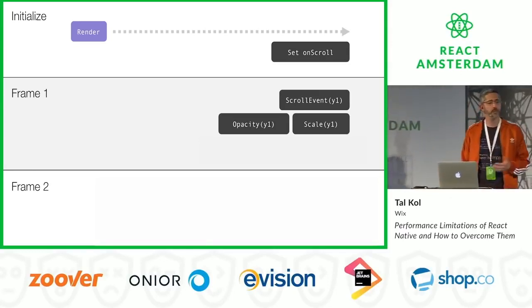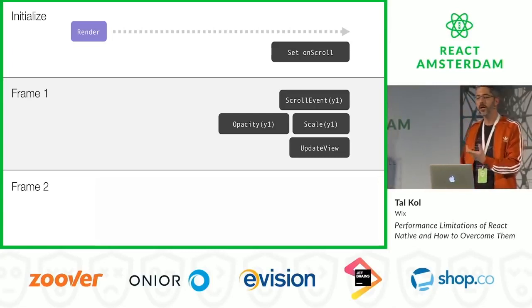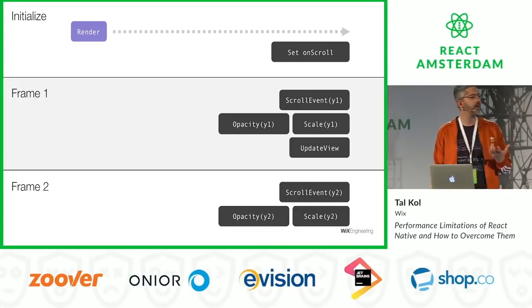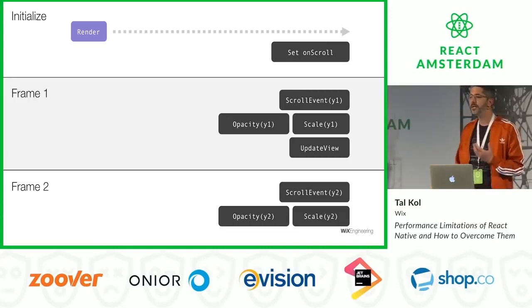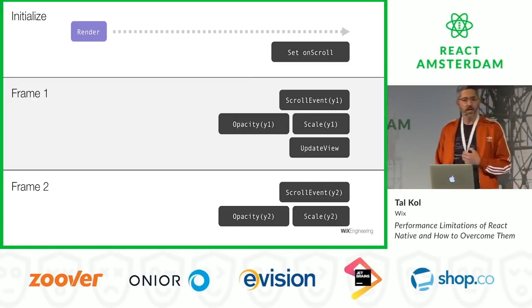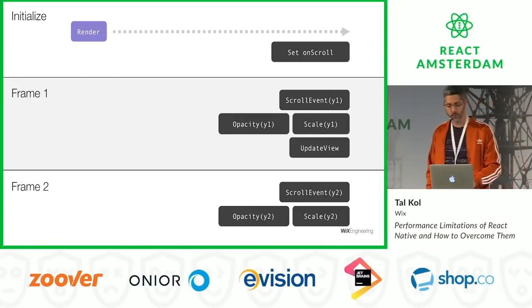So we don't pass over the bridge once again. And the view update can take place in the native realm as well because we're changing our own opacity and scale. And this happens on the next frames. So what can you see here? We've completely eliminated all passes over the bridge except for the initialization. So this will run at 60 FPS, and it's a great solution. It will fix the performance issue.